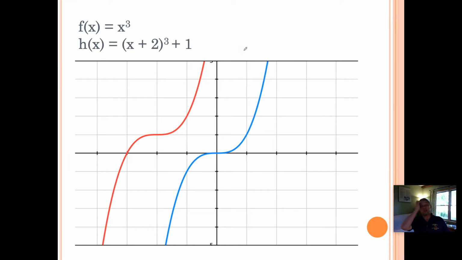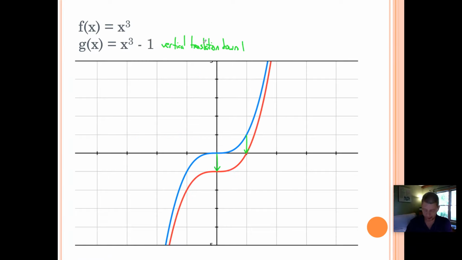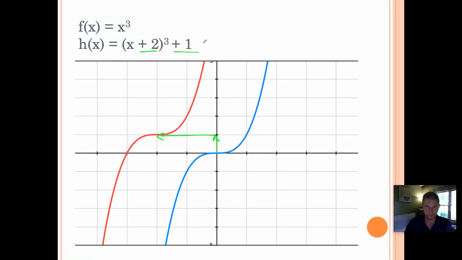Now, in the second one, we've done 2 things here. First, we've done a vertical shift upward by 1. There it is. Okay. And then we've done a horizontal shift to the left by 2. And so my new graph, shown in red, is raised 1 unit and moved to the left 2 units. All right.